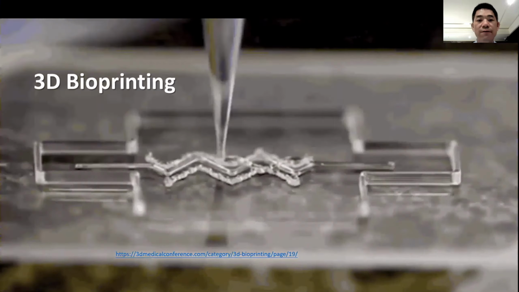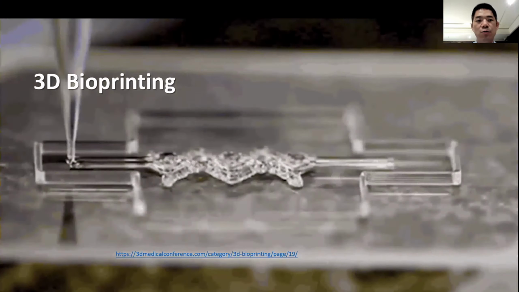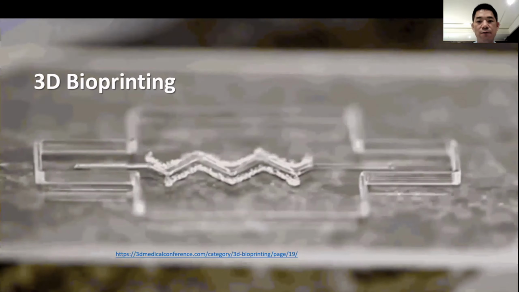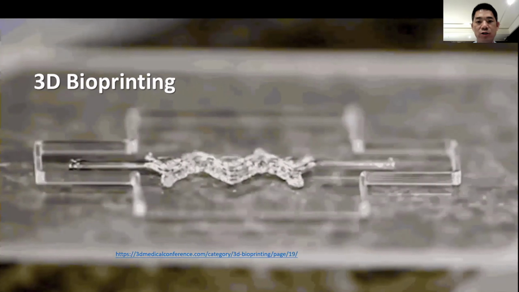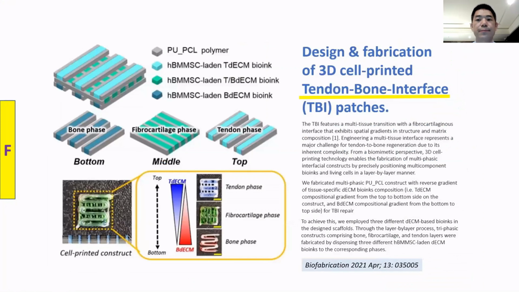We can even use the newest technique, which is 3D bioprinting for scaffold injection. And the 3D bioprinted scaffolds will have not only biomimetic microstructure, but also provide the tissue with a very good microenvironment, in this case for meniscus regeneration.